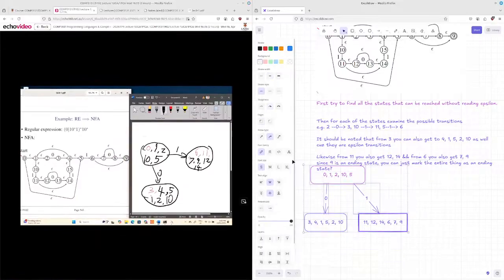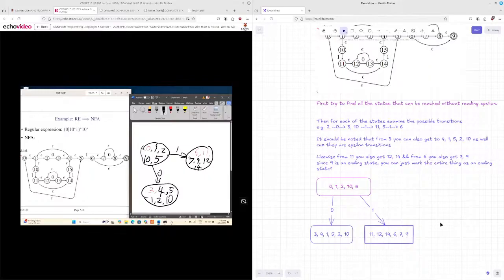That is the set of states the machine can be in if the next input is 1.